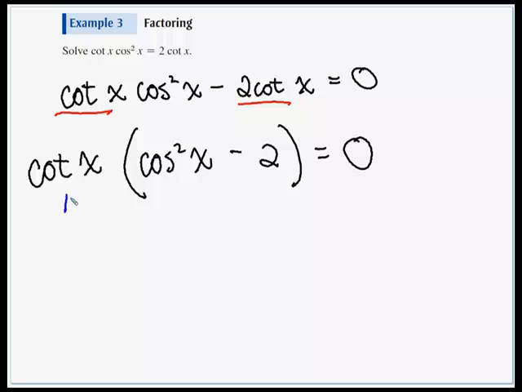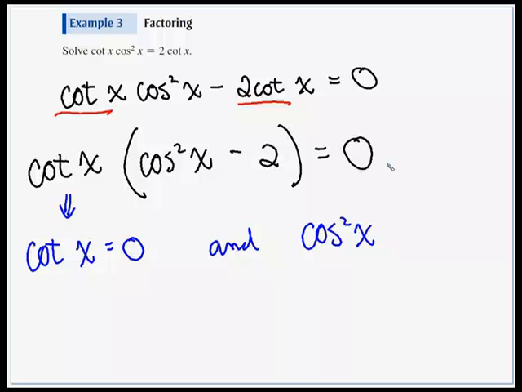So first, we'll have cotan of x equals 0, and cosecant squared of x minus 2 equals 0, and let's add 2 to both sides right now, so cosecant squared of x equals positive 2. So we have these two paths to take.